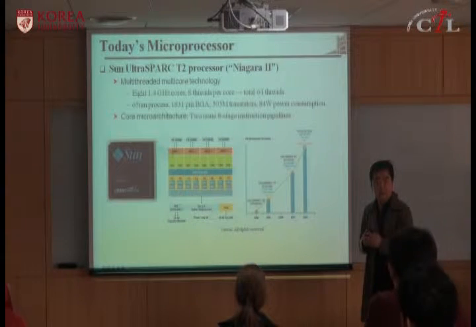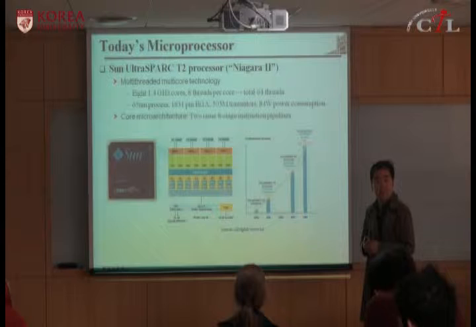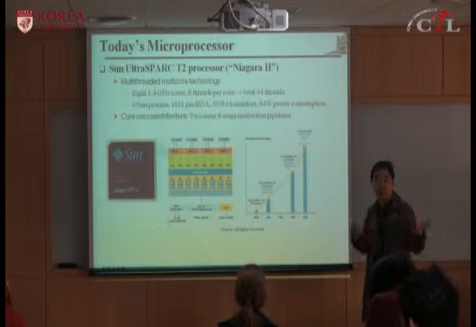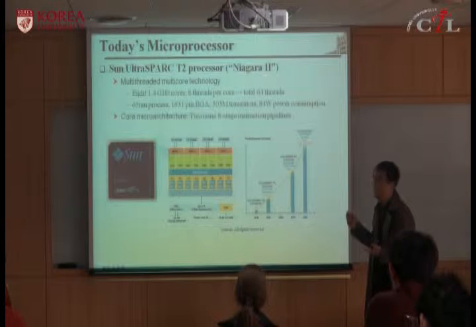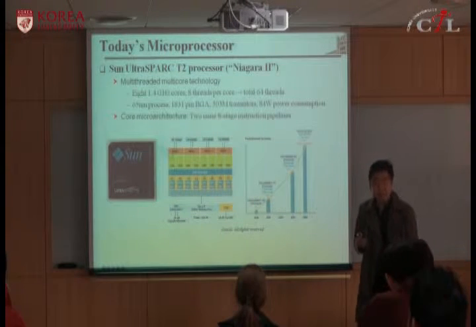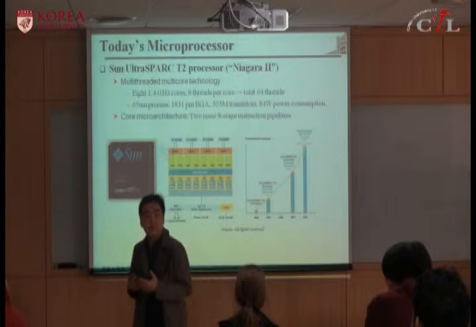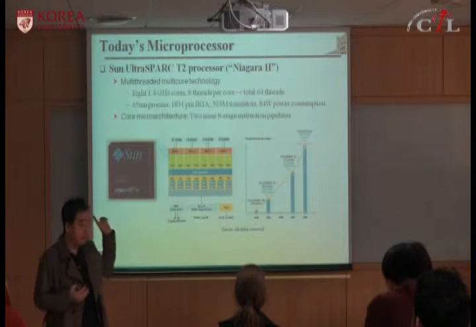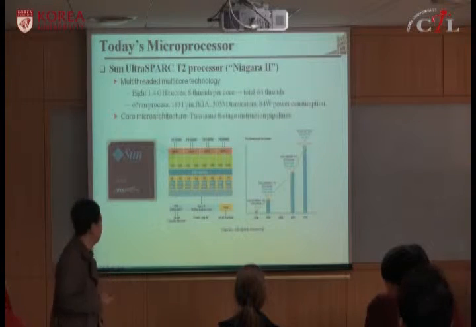So it's multi-core like the i7, and each core is 8-way multi-threaded. That means in each core there are 8 program counters. You can fetch instruction streams from 8 different programs every cycle. In total, there are 64 programs that can be run at the same cycle from this CPU chip.